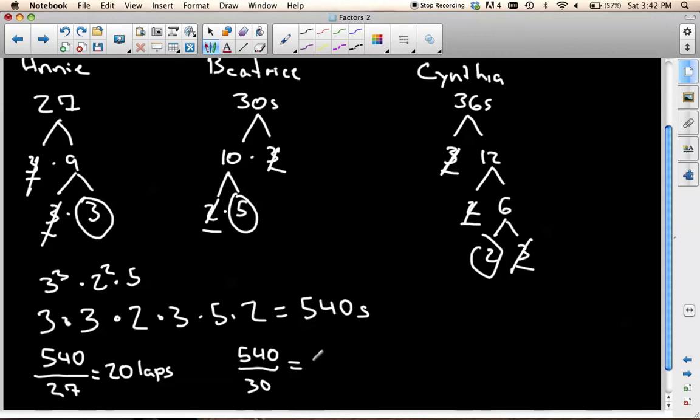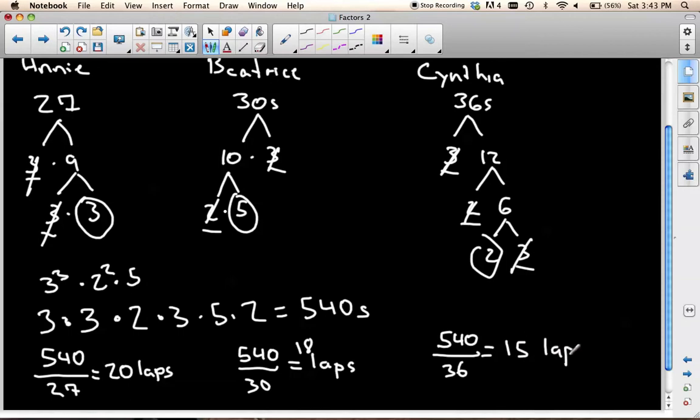So it would take Beatrice 18 laps. Not labs, we're not dealing with dogs, it would take laps. Okay, 18 laps. And if we take Cynthia, it took her 36 seconds to do 1 lap. So if we go 540 divided by 36, it's going to take Cynthia 15 laps.